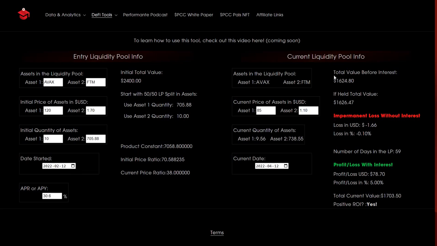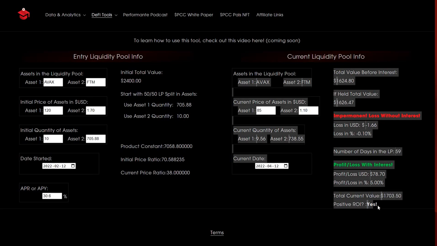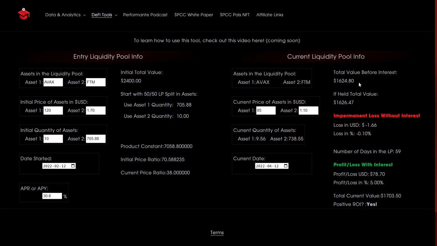So now we're going to go over the meat of the page, or the area that provides the most amount of information. This first number here, the total value before interest, is calculating basically the amount of funds you have before interest due to the rebalancing of the liquidity pool.